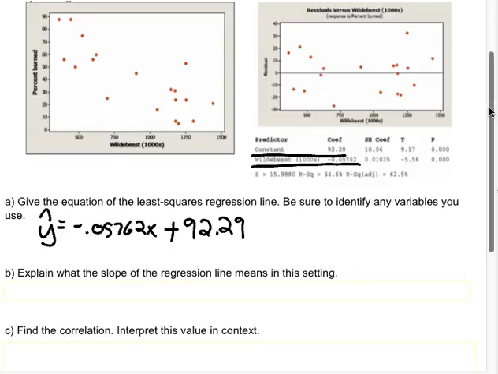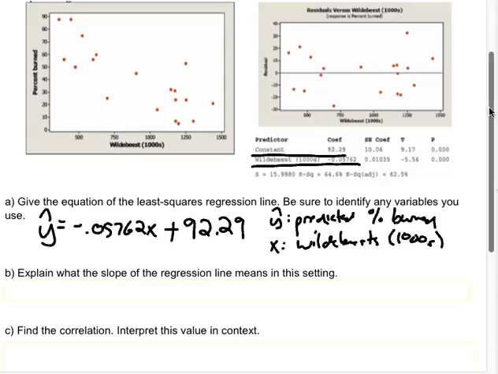All right, and this is predicted percent of grass burned. X is going to be wildebeests, and we're talking in thousands.